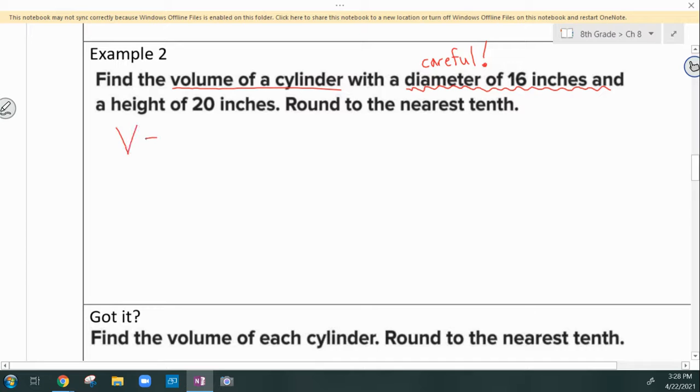So remember, we're going to write the formula, pi r squared h, and we're going to say radius is half of the diameter.